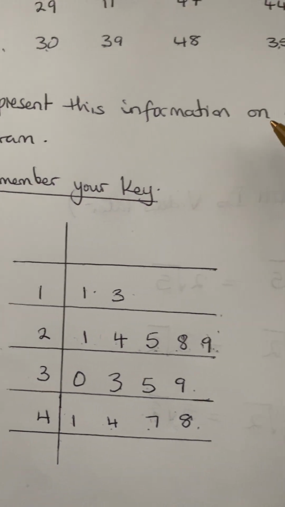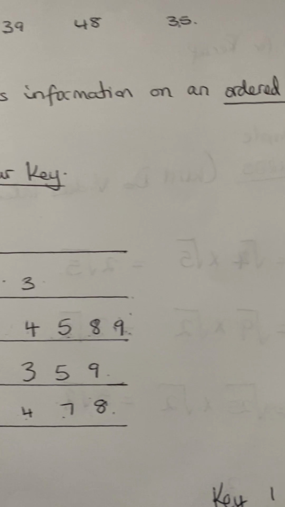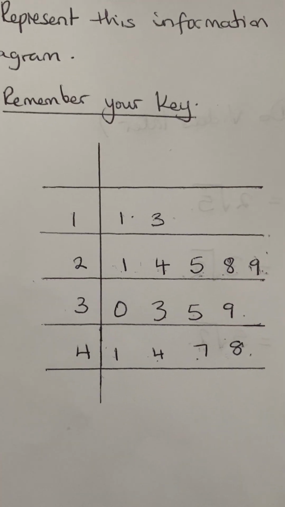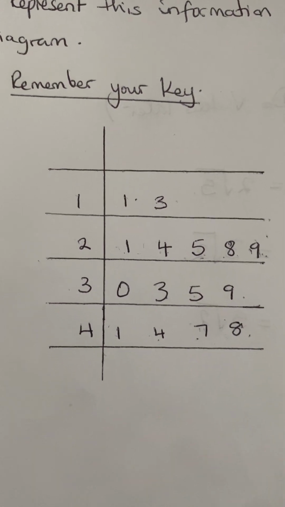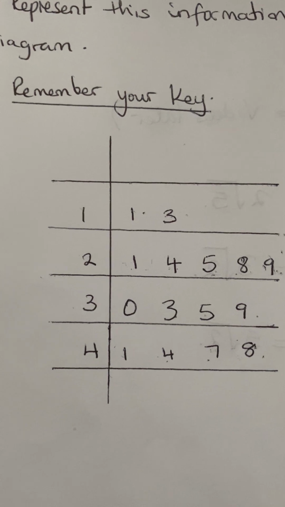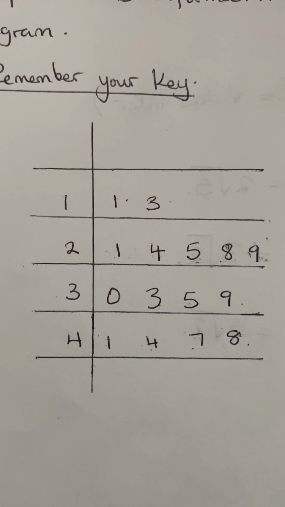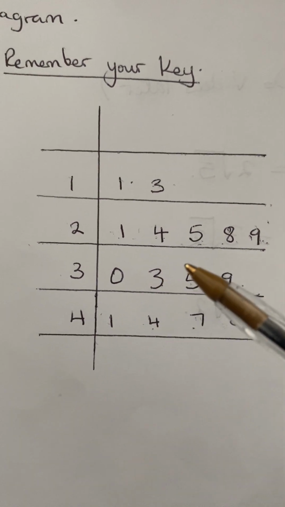Now represent this information on an ordered stem and leaf diagram. Ordered means if you are doing the 31, do 31, 32, 33, 34. Don't do 35 and then 31.